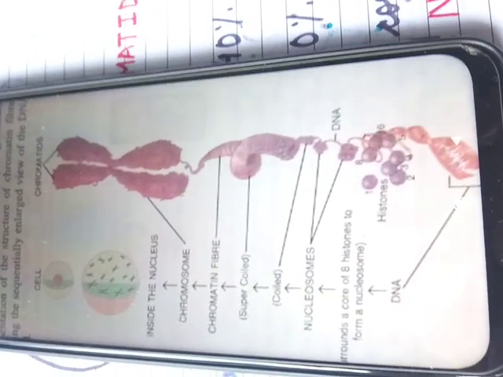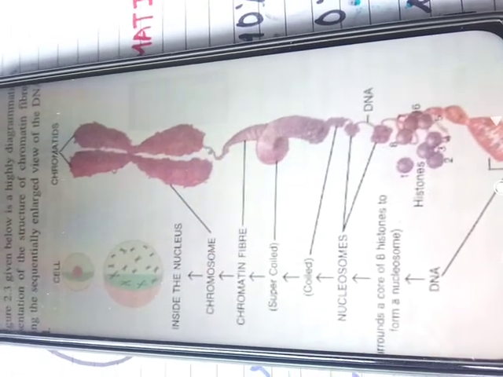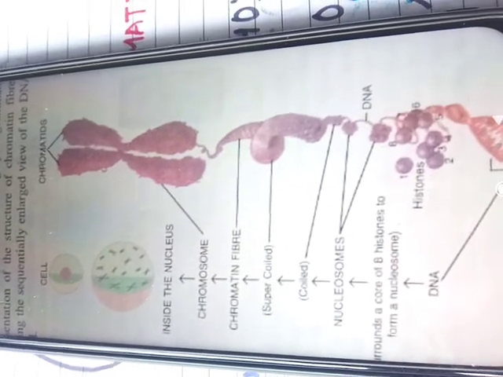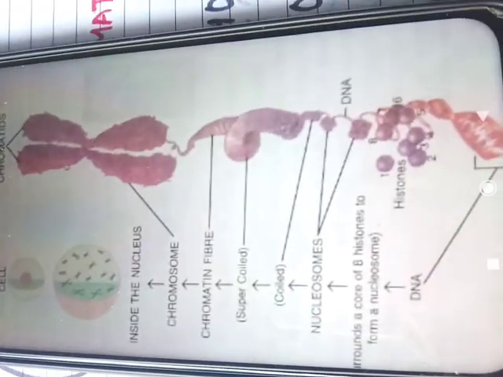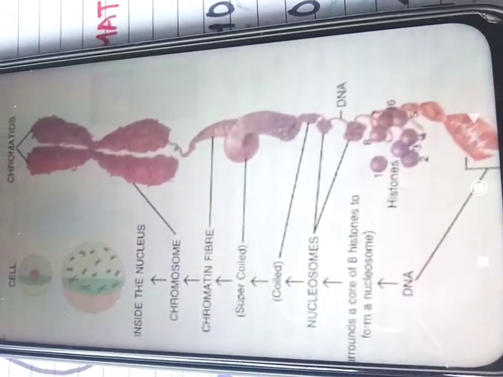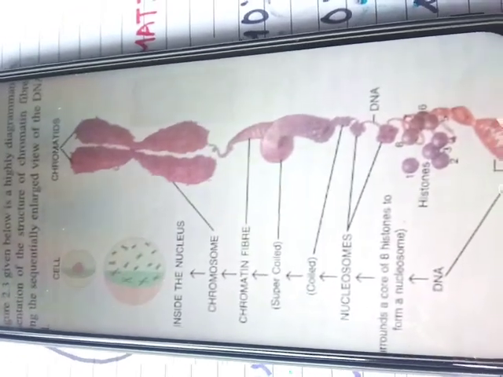Here is the structure of the highly condensed chromosome, and it is unwound. You can see nucleosomes, DNA, chromatin fiber, chromosome, everything is visible. This you will find in your book.